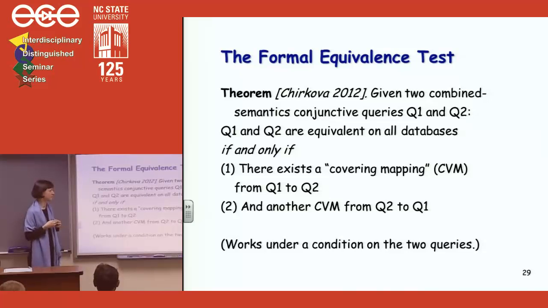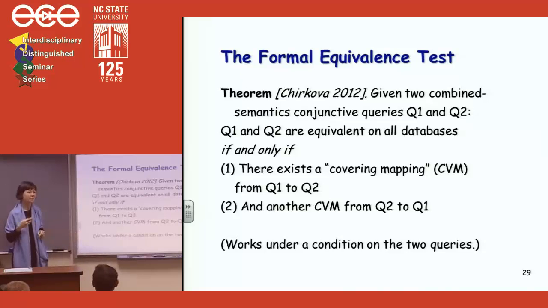What is really amazing here, apart from the fact that the previous work folds into this more general framework, is that there are queries in this language that could be equivalent without satisfying those conditions, right? And that's why you have to say it works on the condition on the two queries.